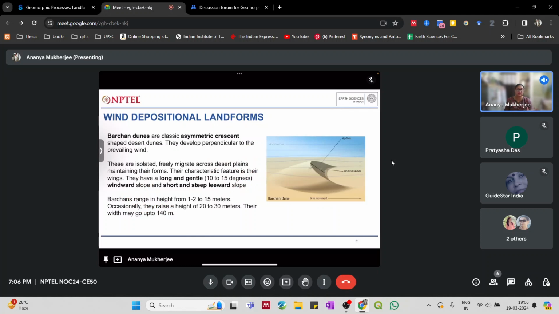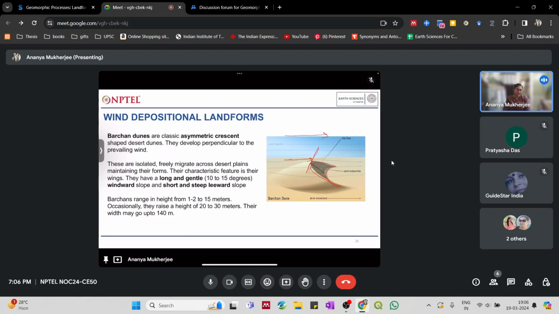So, Barchan dunes are kind of the textbook examples of sand dunes. So, these are asymmetric, and you can see that these are sort of crescent shaped. And again, if this is the wind direction, the crest is developed perpendicular to the wind direction. Okay, you can see how the wind is moving.